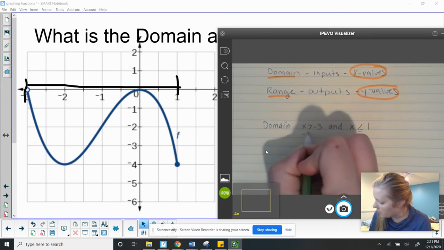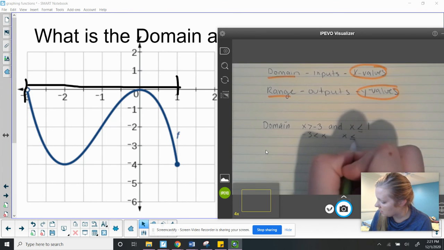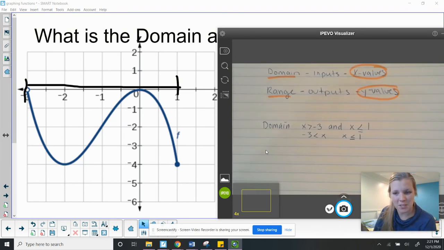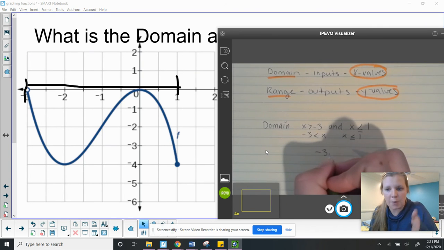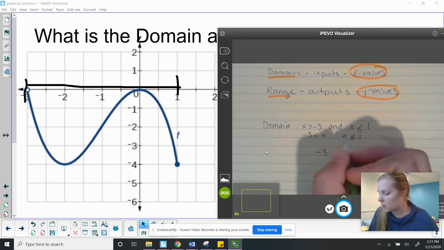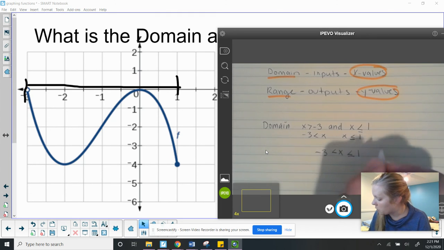So I could flip this around: -3 is less than x, and x is less than or equal to 1, and I can just smush them together. So -3 is my lower boundary, that's kind of what we can call it. It's the lowest number. My lower boundary is less than x, and x is less than or equal to 1. This is my domain.